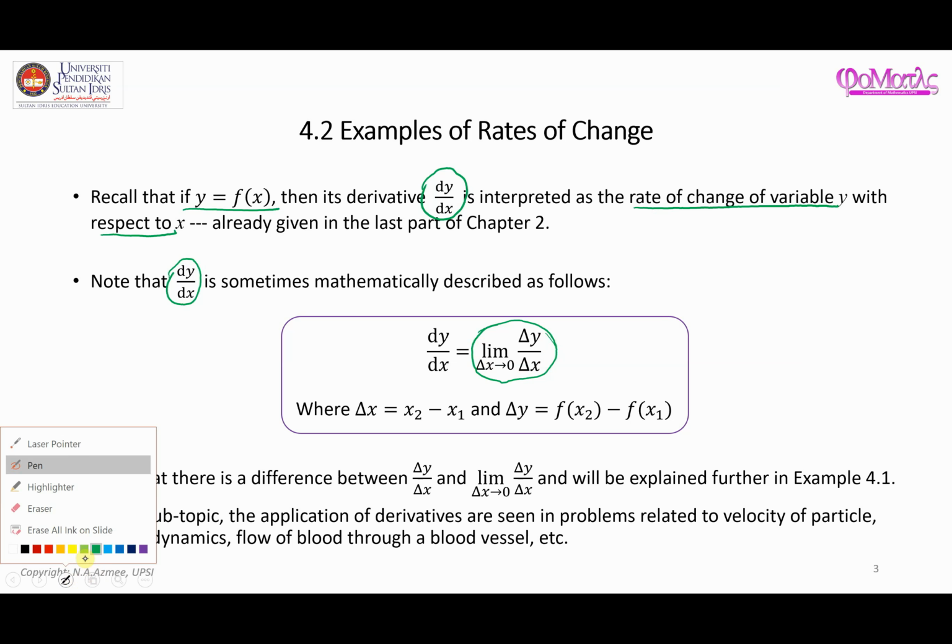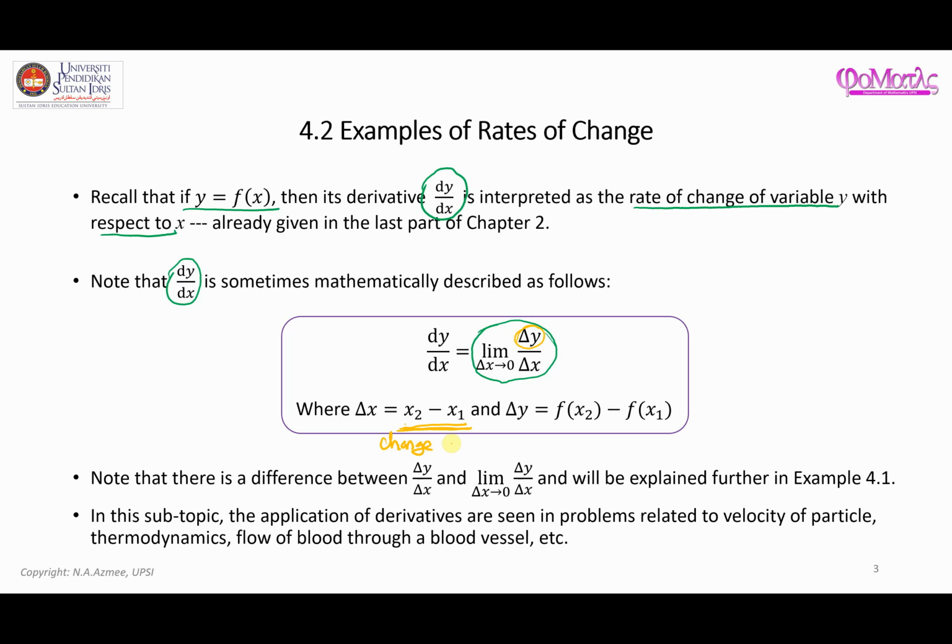First of all, delta x is the change in x when x is equal to x2 and x is equal to x1, so it is the difference between x2 and x1. Now x2 can be substituted into the function, so you will get f(x2). x1 can also be substituted into the function, and you will get f(x1).